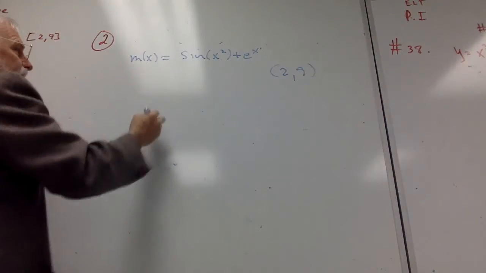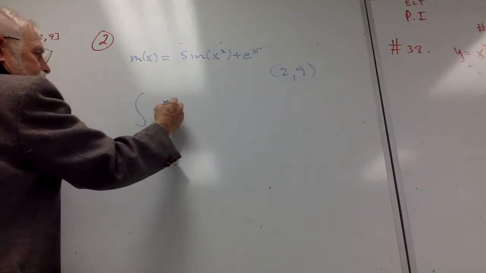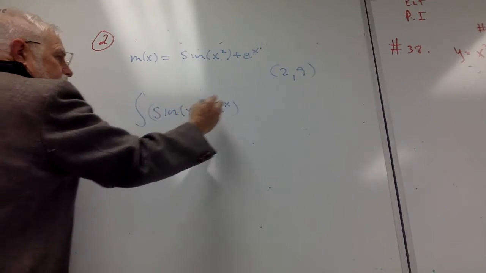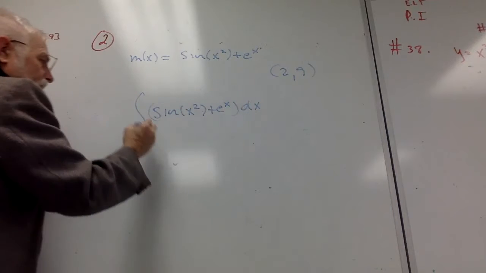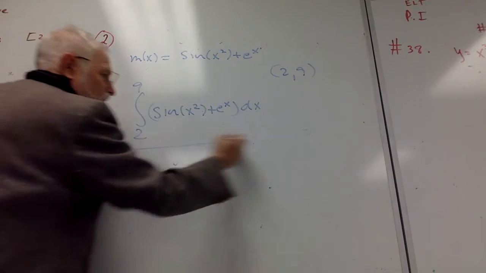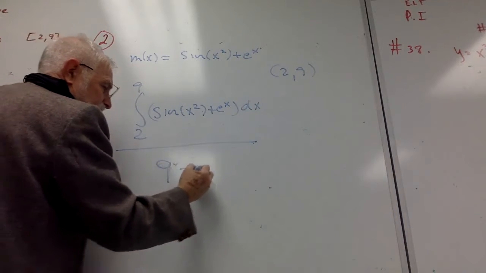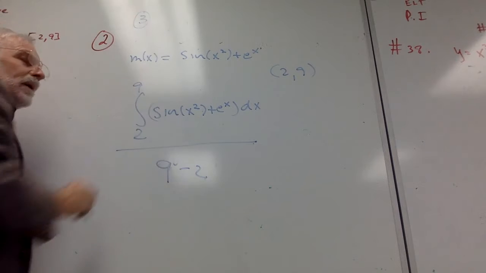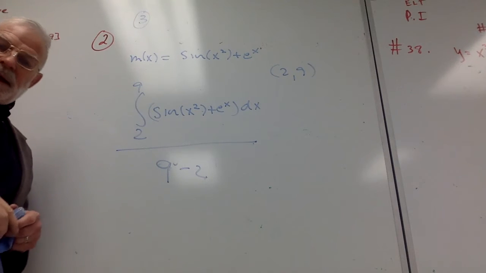Okay, you integrate the function I gave you from 2 to 9. And you divide by 9 minus 2. If you put the time and effort into doing what the problems we just did, then this is going to be your third problem on the test on Monday, and I hope you get it right.